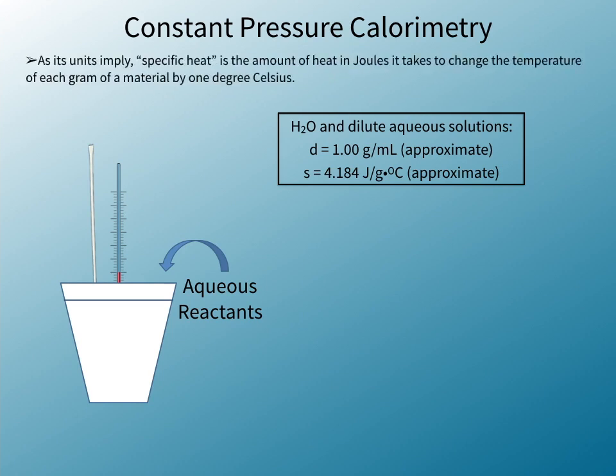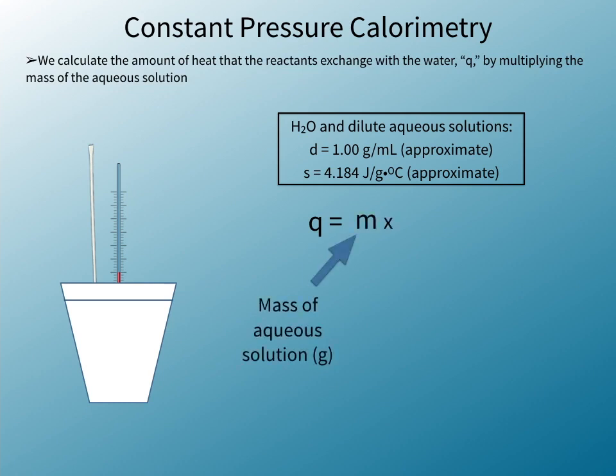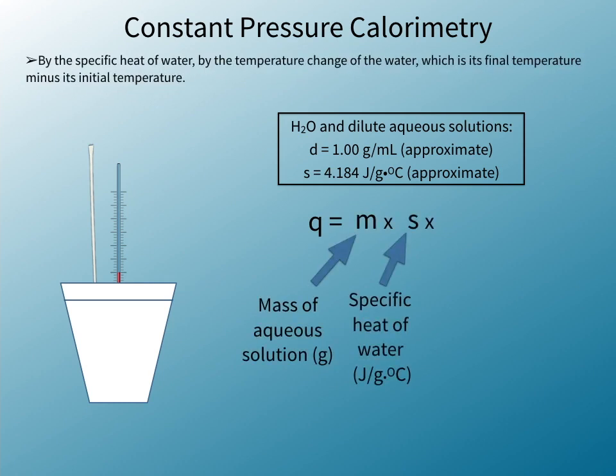As its units imply, specific heat is the amount of heat in joules it takes to change the temperature of each gram of a material by 1 degree Celsius. We calculate the amount of heat that the reactants exchange with the water, Q, by multiplying the mass of the aqueous solution by the specific heat of water, by the temperature change of the water, which is its final temperature minus its initial temperature.